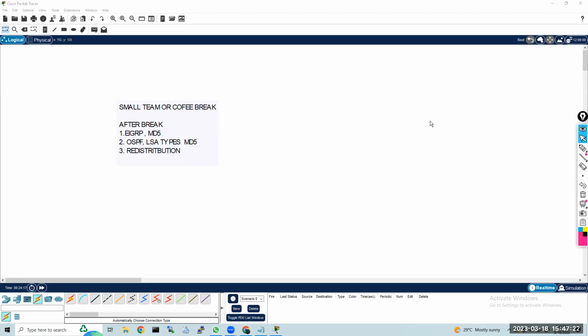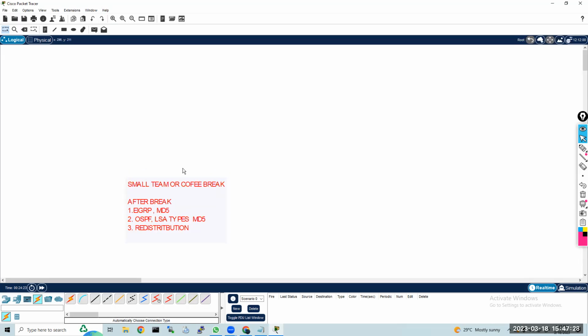So let's discuss what is EIGRP. Right now we are dealing with the lab. This is a new topology that I have written here. Let me start right from the basics. So what is EIGRP, guys? EIGRP stands for Enhanced Interior Gateway Routing Protocol.